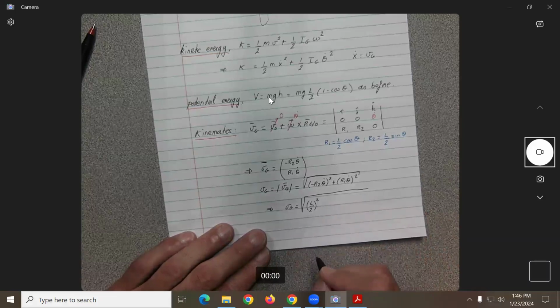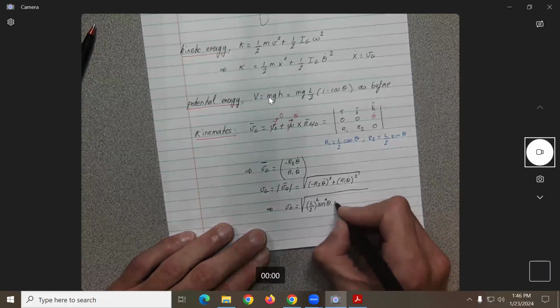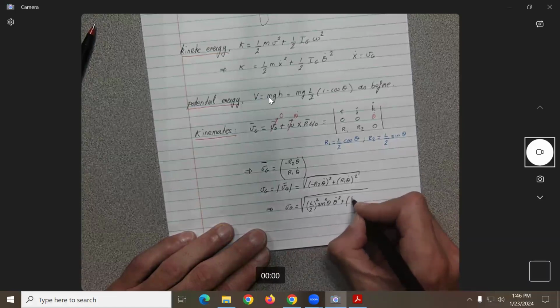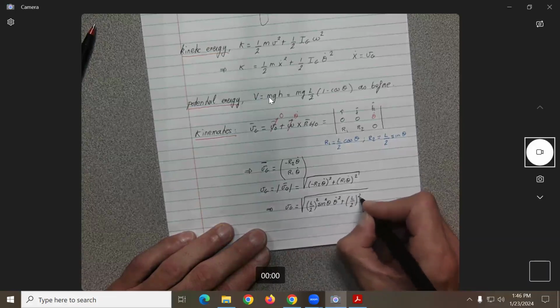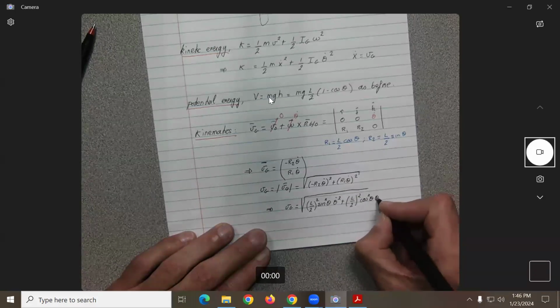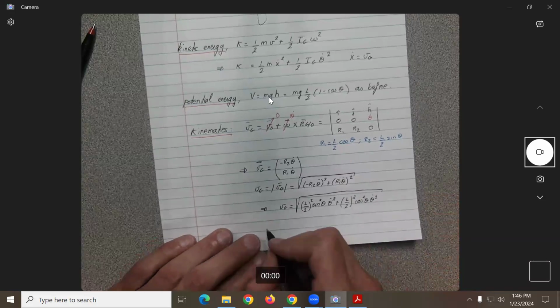L over 2 squared sine squared theta, theta dot squared, plus L over 2 squared cosine squared theta, theta dot squared.